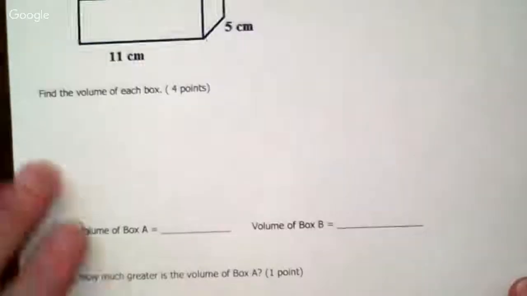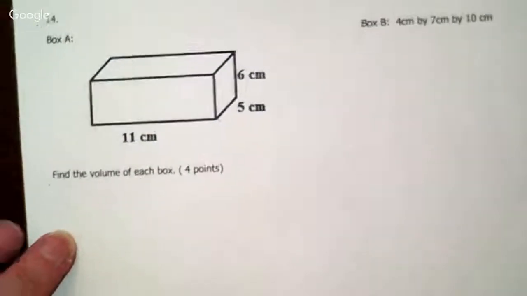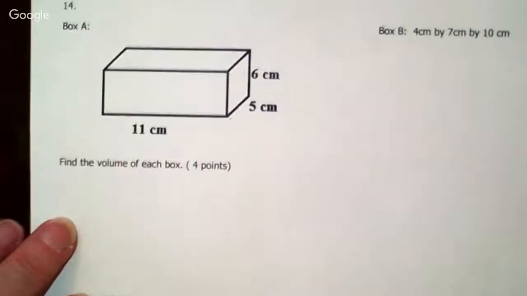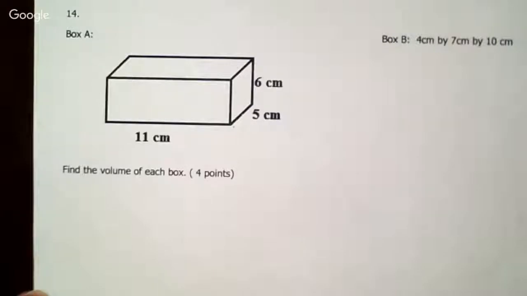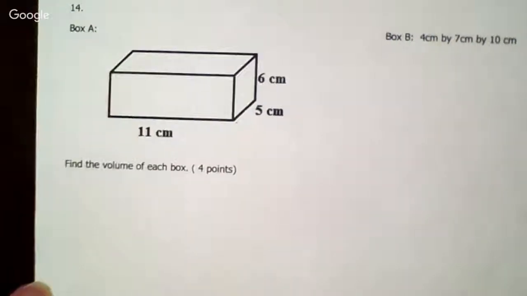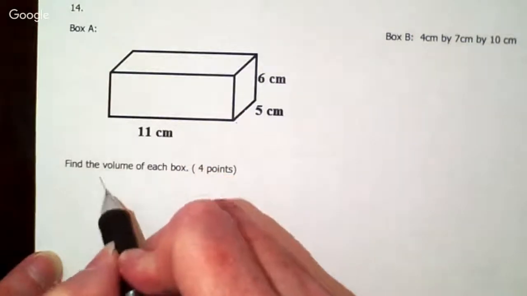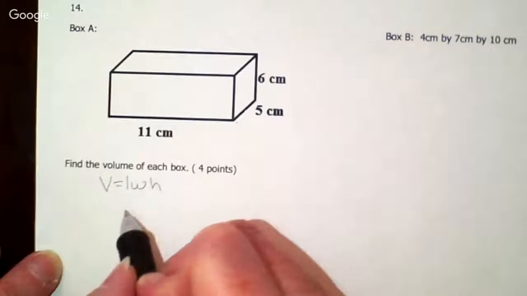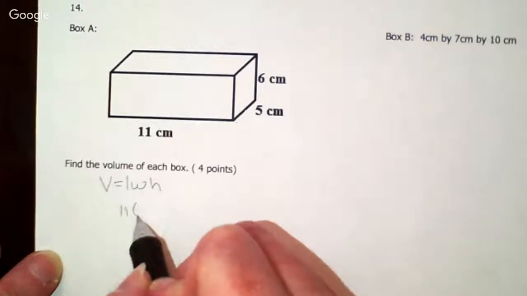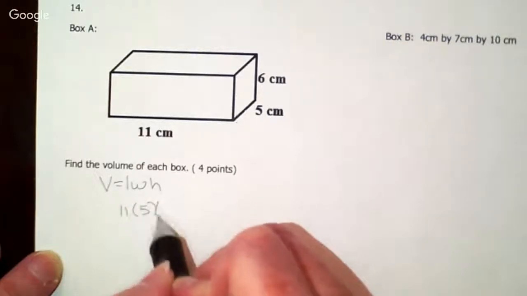Okay. Last, for number 14, we are comparing two boxes, and it says to find the volume of each box. So for box A, the volume is length times width times height. So 11 times 5 times 6.